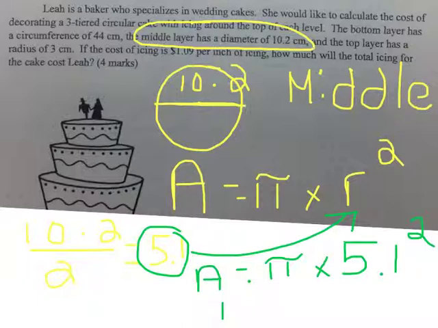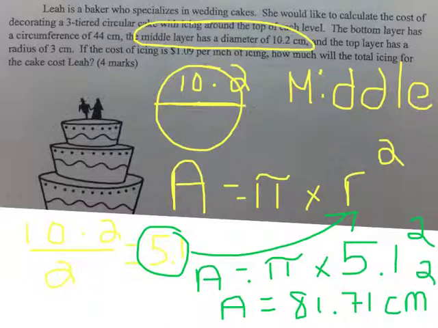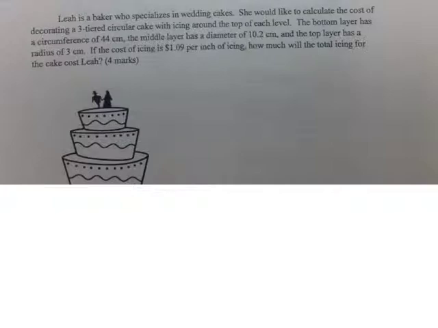And if you type that into a calculator, you'll get the area of the middle layer is equal to 81.71 centimeters squared. Okay, so I have my middle layer, I have my top layer in the previous slide. Now I'm going to look at calculating the bottom layer.